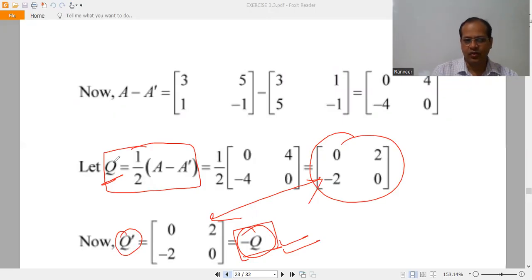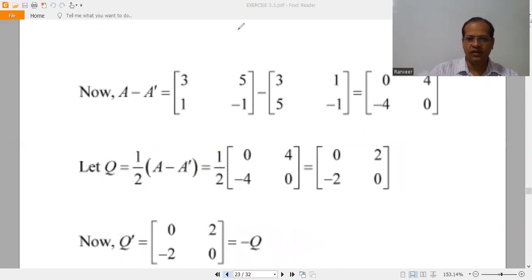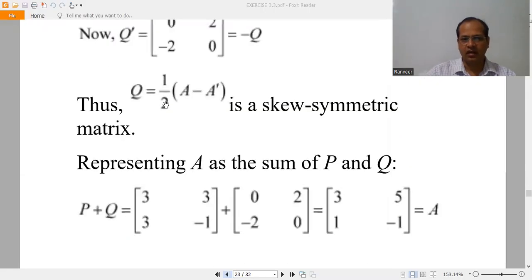So in this way, half of A minus A transpose is a skew symmetric matrix.